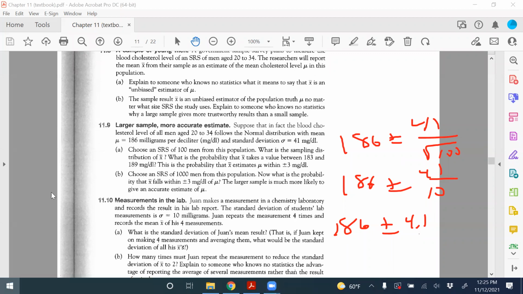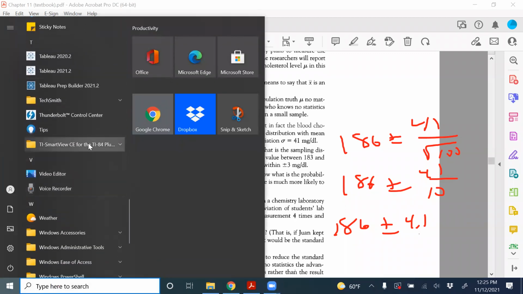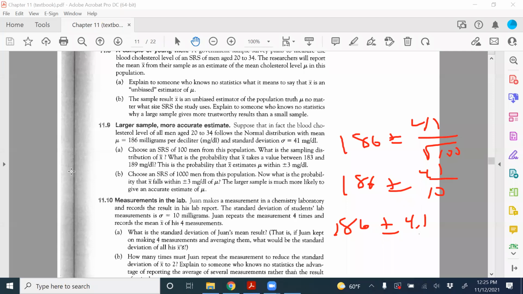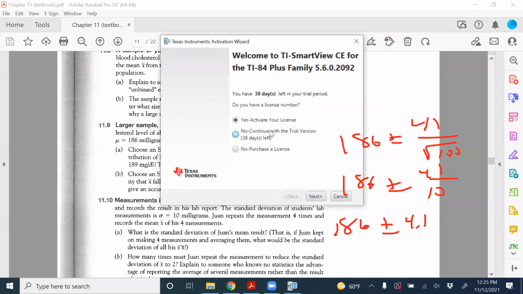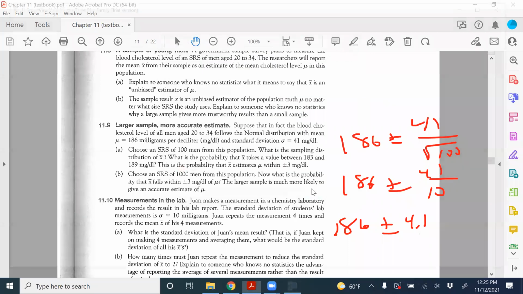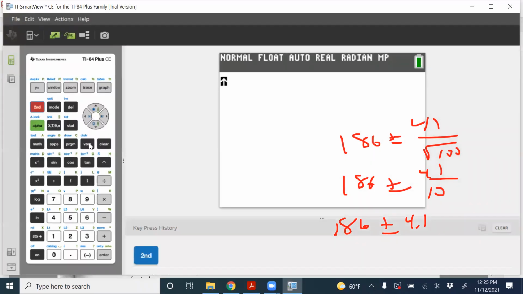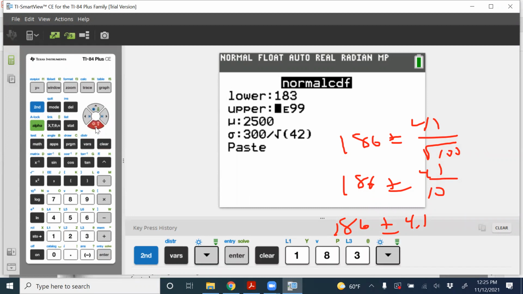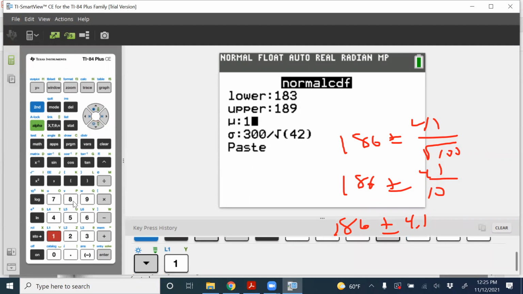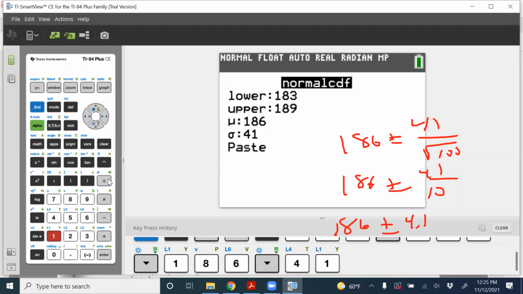So what you're going to do is go to our trusted calculator here. Again, second vars, option 2. I'm going to do 183 and 189, and the average number is 186, and I'm going to do 41 over root 100.